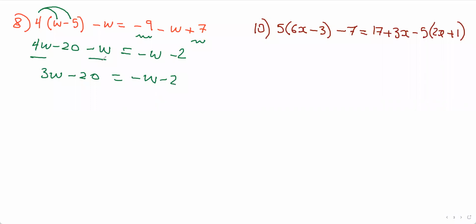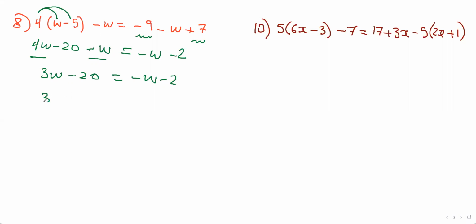Now, when you're collecting terms here and there, some people go 4w minus this w. No, this w has this minus on top of it, so you skip, you go 4w minus w. Make sure you don't get into that habit where you choose this sign instead of that sign. If this was a plus, you'd think this is 4w plus w. No, it's 4w, skip, minus w.